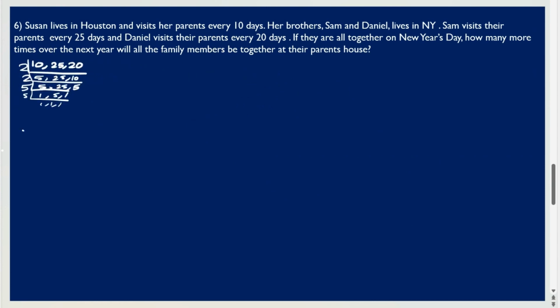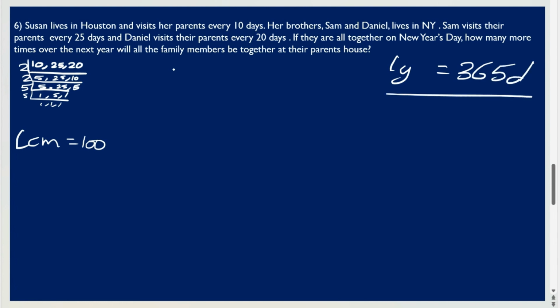Okay. So that means they all meet every 100 days. Okay? So now we know 1 year equals 365 days, right? So now we're going to just do 365 over 100.